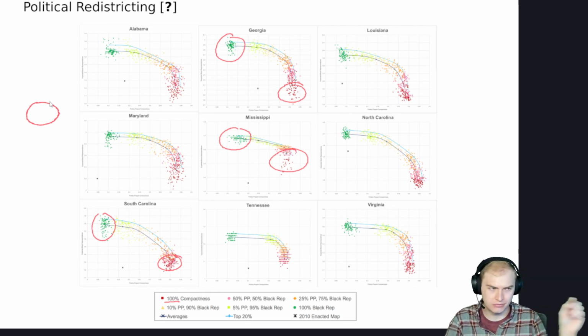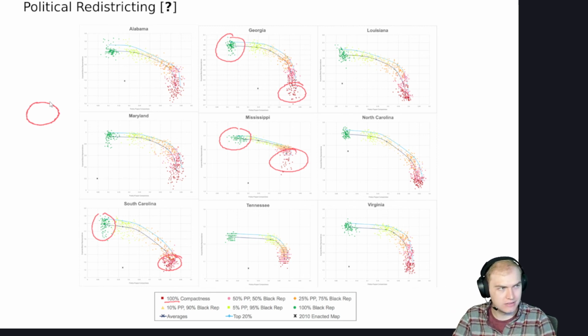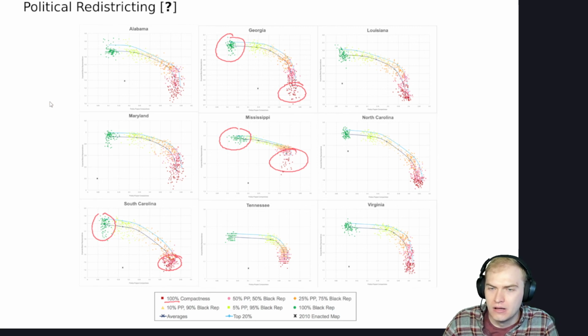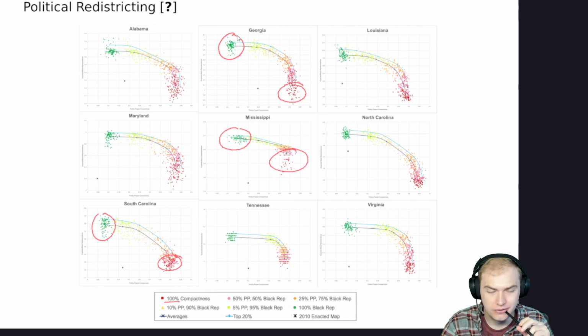If it looks like a squiggle, like a classic gerrymander, it has a low compactness score. But in Georgia, if we want a large number of black representatives, we have to lose some compactness. So that's some interesting results that we found using multi-objective optimization, using scalarization, looking at the Pareto frontier.